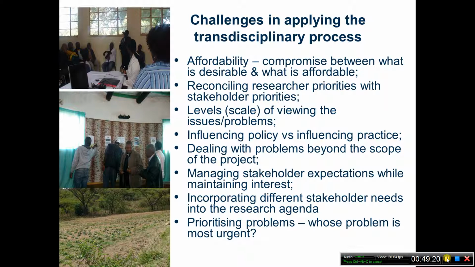The other challenge that we found was incorporating different stakeholder needs into a research agenda. As I highlighted before, with farmers at different levels of operation, some ran fairly sophisticated operations in terms of their agronomic practices, and were looking to expand their marketing, and were concerned about things such as warehousing, packaging facilities for their produce, and linking to national markets.